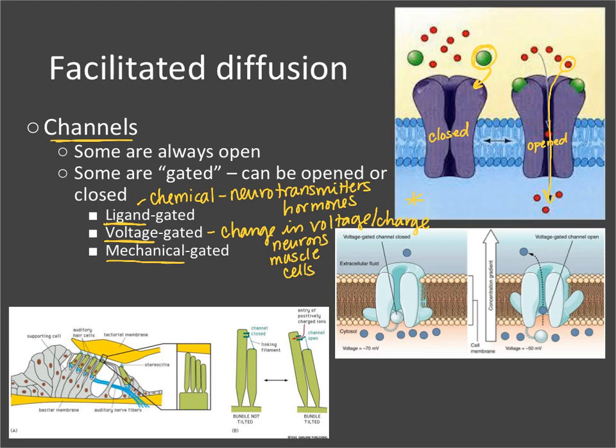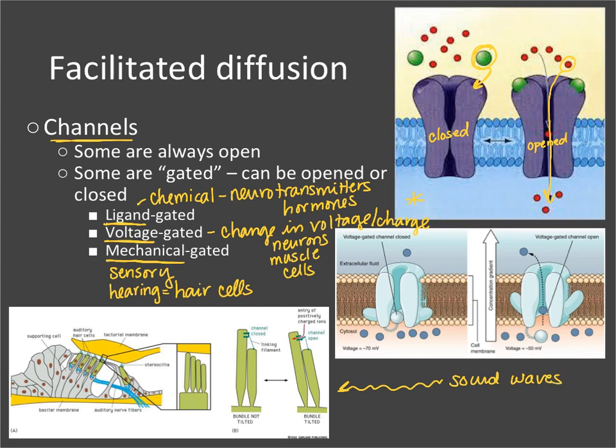Mechanically gated channels are ones that we find in some sensory receptors. For example, the sensory receptors for hearing are called hair cells, and hair cells are mechanically gated. What happens is that sound waves move into the ear, and these sound waves physically bend these structures.